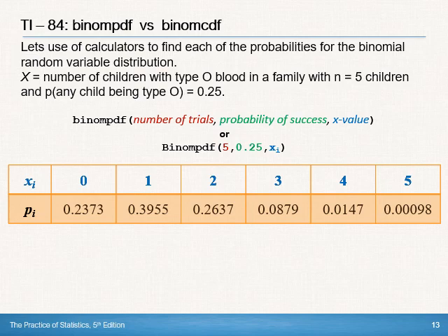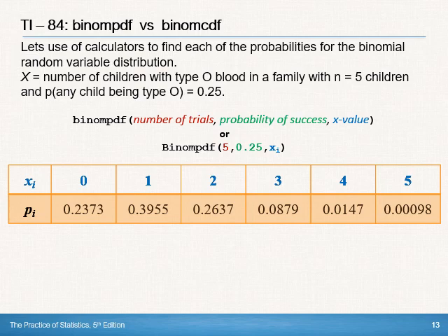Then you can just cursor back and change, let's say, the 0 to a 1. So you wouldn't have to go to second vars, change the value, paste it to the home screen, and hit enter to execute. You could just do second enter, and change that last x value to a 2, to a 3, to a 4, and so on.